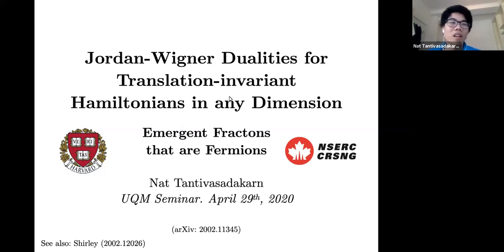What I'll present in this work is some indication that you can have fractons, which are excitations that are immobile, but they could be fermions. It's quite surprising, because usually you need to do some exchange to know that it's a fermion. But in this case, they're fractons also, so you cannot move them.